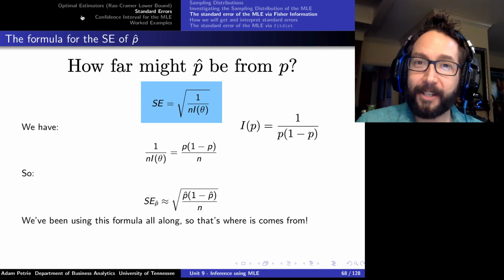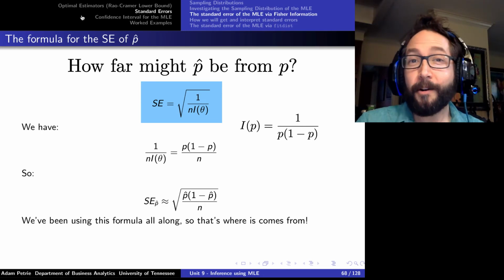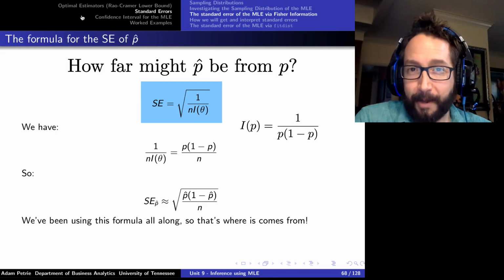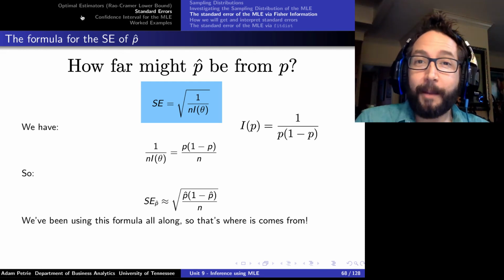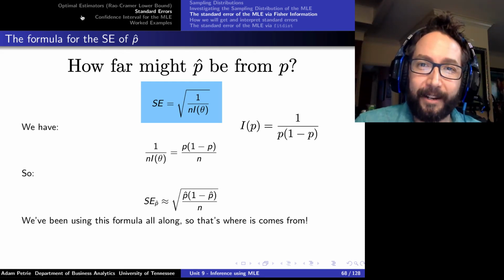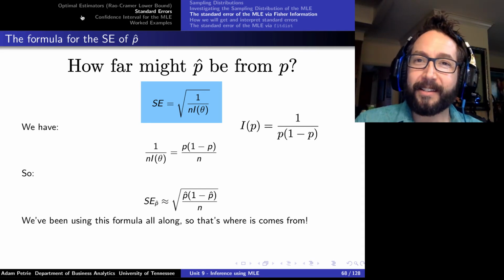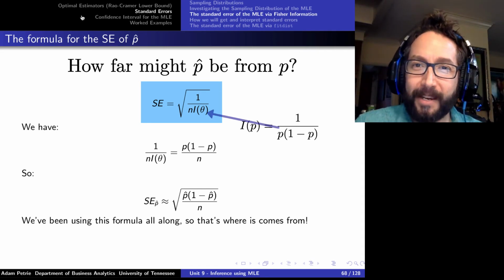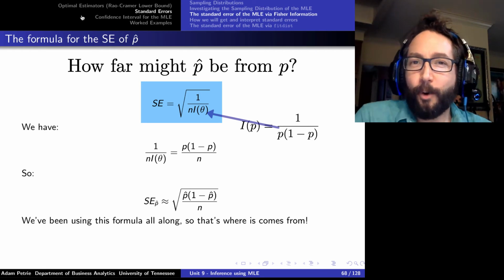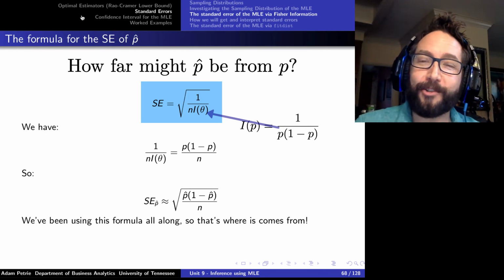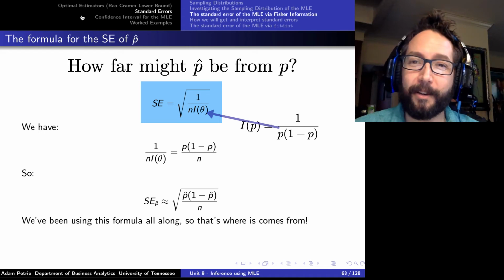Well, the formula for the standard error is the square root of 1 over the sample size n, the number of Monte Carlo trials that we performed, times the Fisher information evaluated at our maximum likelihood estimate. That Fisher information is 1 over p times 1 minus p. So the quantity 1 over n times the Fisher information is just p times 1 minus p over n.